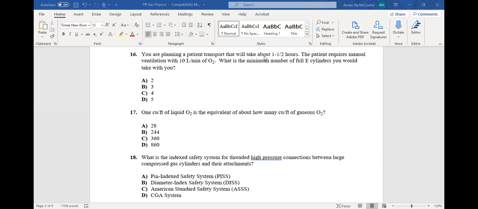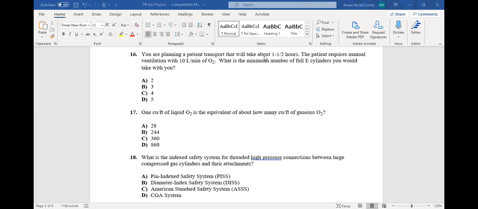Anybody else tell us? Not B. 860. Okay. 1 cubic foot of liquid will give me 860 cubic feet of gaseous. That's why liquid is so much more economical, right? It makes more sense to store it as liquid.